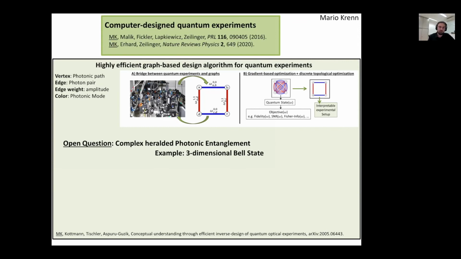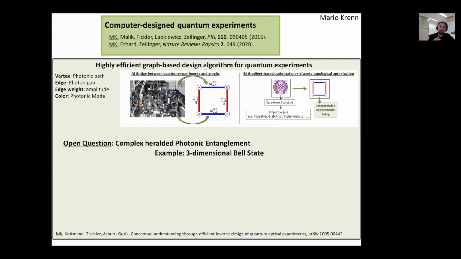But this is unfortunate for a number of applications. For instance, in quantum computing, you would need to know exactly when the photons have been created. And a setup that can actually tell you when the photon pair is created is called heralded entanglement.